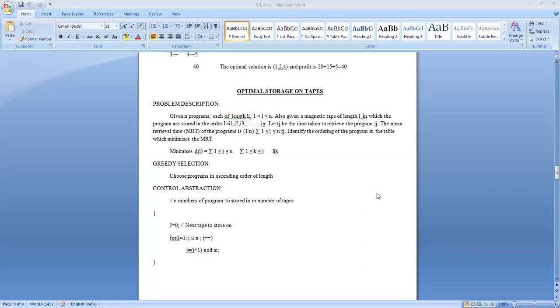The average time to retrieve a program is called the mean retrieval time. This problem tries to minimize the mean retrieval time for retrieving a program.